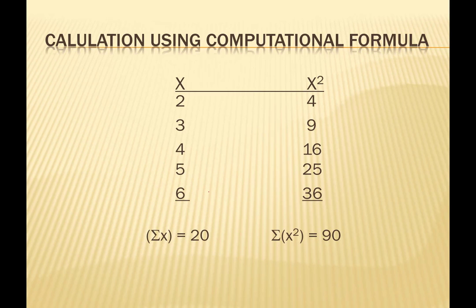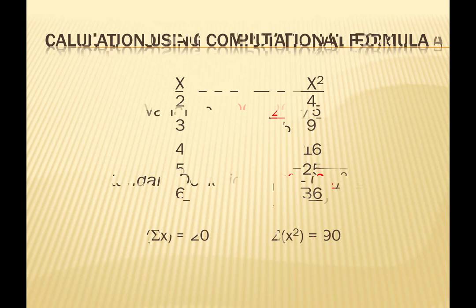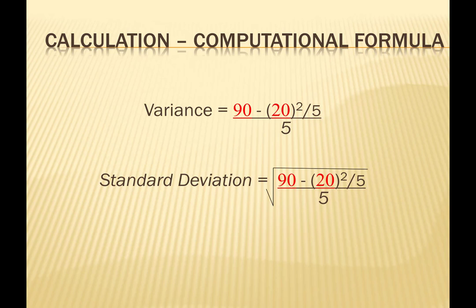With this data, it's the same data we saw earlier. We would need to have the total of x's and the total of squared x's. So when we add up all the x's, it becomes 20. And when you add up all the squared x's, that would be x squared for each number, you have a total of 90. So in the formula, you would plug in the 90, the bigger of the two numbers, minus the sum of x, which was 20, squared over 5, all divided by 5.